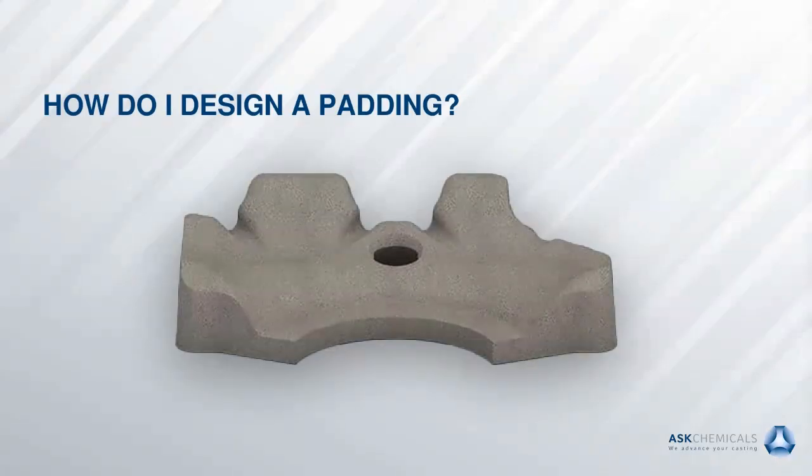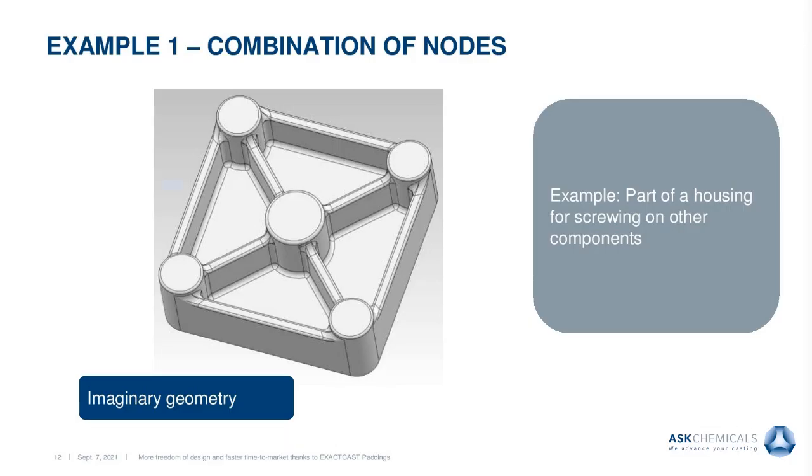In the next few slides, we would like to show you how you design such paddings. So we will check how this is working. We start with a geometry which is imaginary, but I'm pretty sure you have seen those kinds of geometries in your daily business in a foundry.